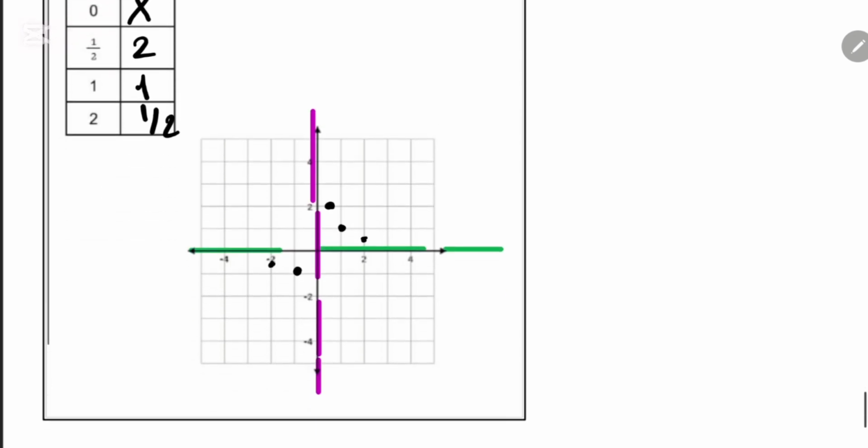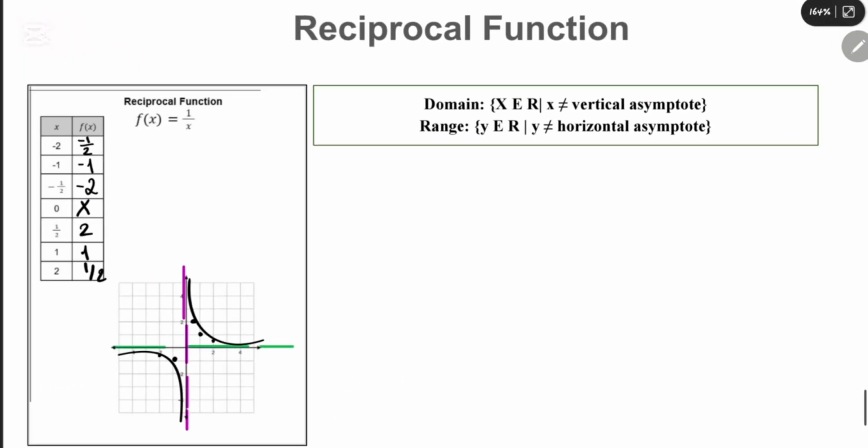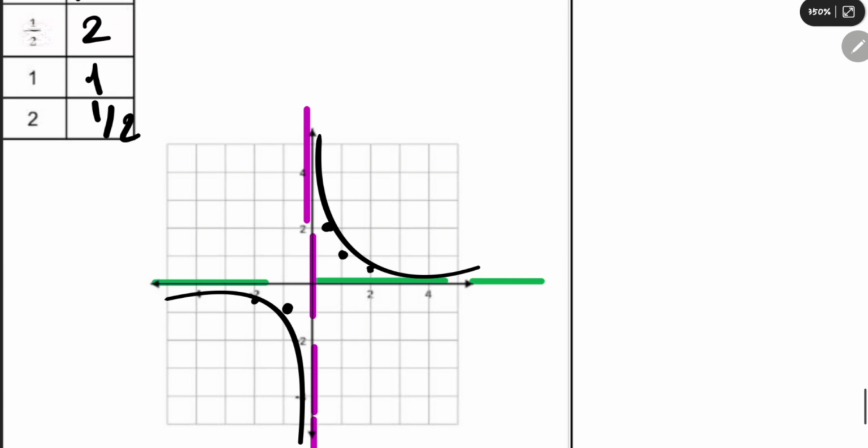Okay. So this is what the graph looks like. Basically just two curves.